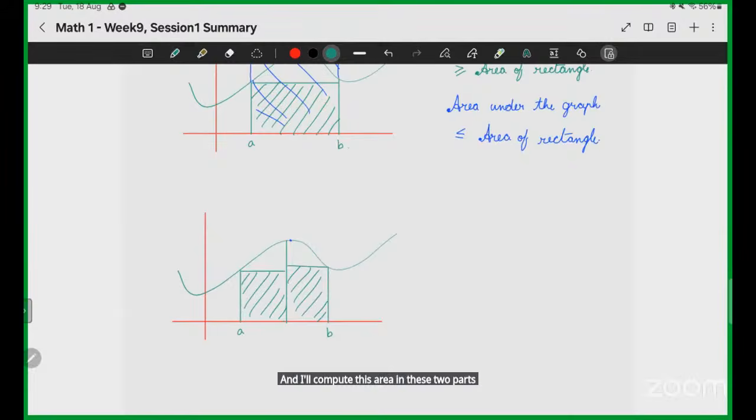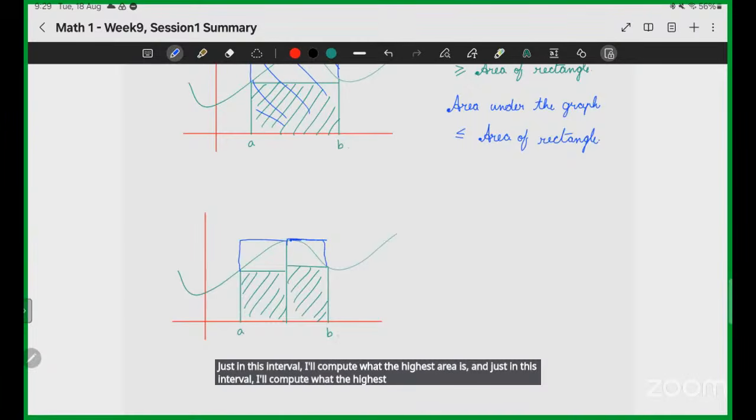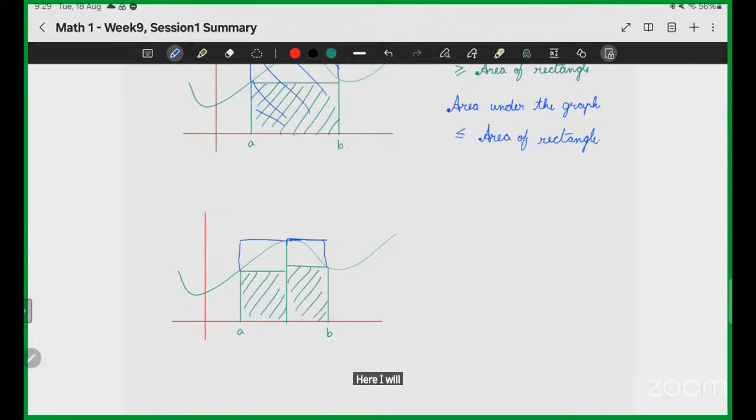Similarly, just in this interval I'll compute what the highest area is, and just in this interval I'll compute what the highest area is. And here I will get a better estimate. In this diagram, it might not be clear. The more partitions I make, and the more higher and lower estimates I get, the sharper my estimate will be.